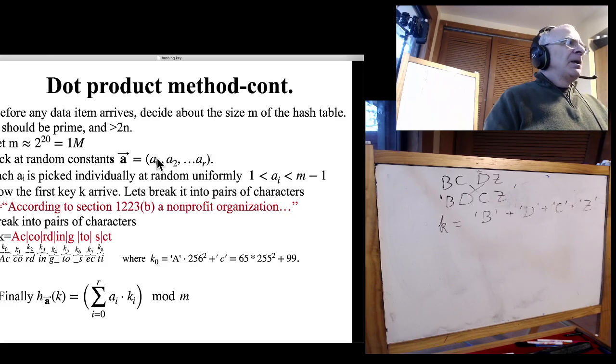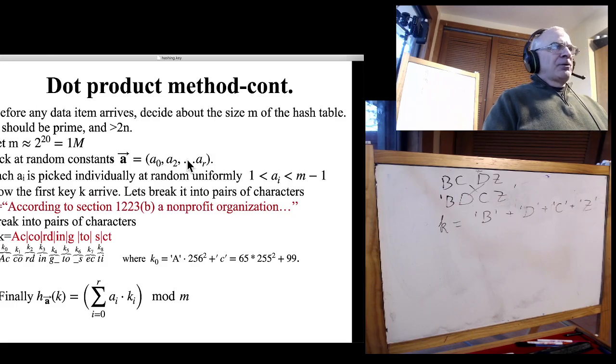How do I generate these constants, all these AIs? Well, every AI by itself is picked individually as a number between 1 and m minus 1. Uniformly, each one of these numbers has the same probability to be picked, just call a random variable generator.